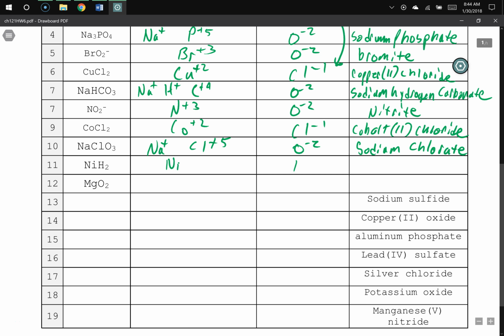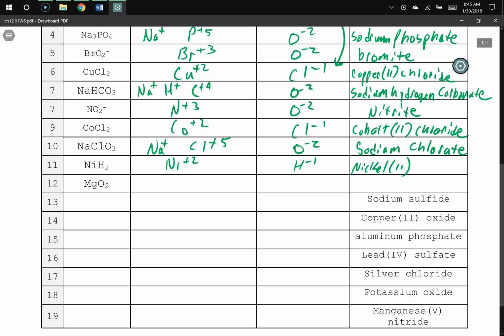Nickel and hydrogen. The hydrogen rule, when hydrogen is with a metal, is the hydrogen is a -1 charge. So it's -1, -1, so the nickel's going to have to be +2. So this is nickel 2, and then what's the last part of this? What have we been doing with the suffix on all of these anions? It's "ide."